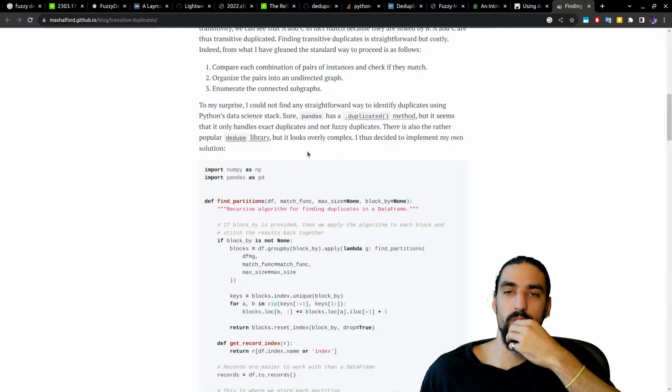Could not find any straightforward way to identify duplicates using Python's data science stack.